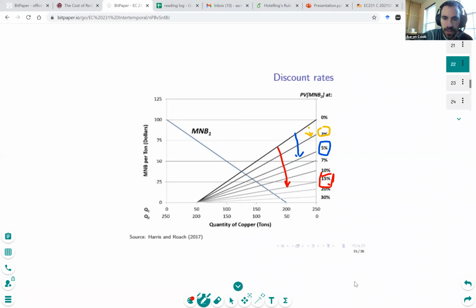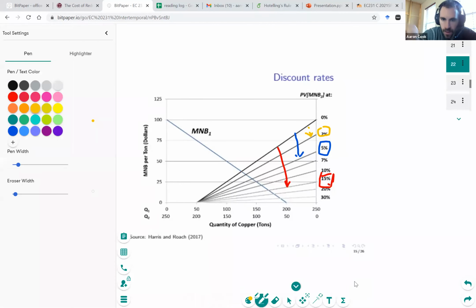And notice interestingly what happens with that: at a discount rate of nothing, you have an even split between the two periods. And then as you discount more and more, the 2% discount rate is going to be associated with this point of intersection right here.